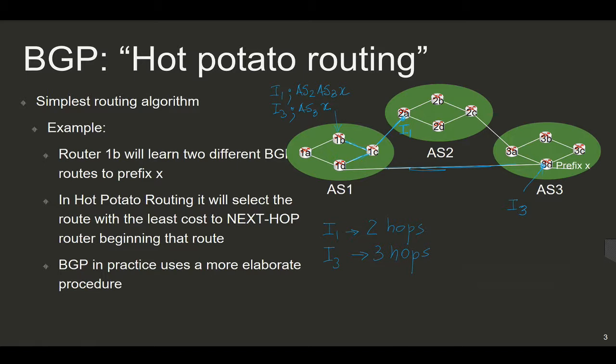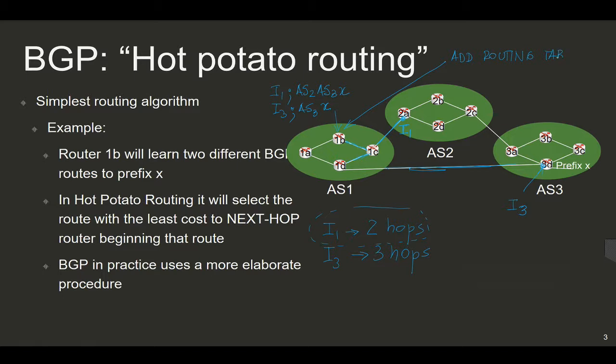So what's going to happen is that router 1B is going to select interface number 1 to reach the prefix X. So router 1B, let me put it here, is going to add to its routing table an entry that looks like this.